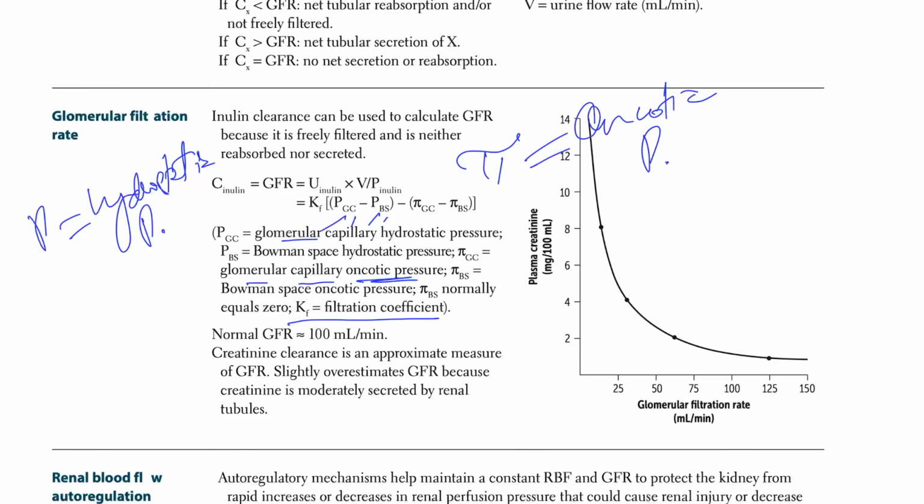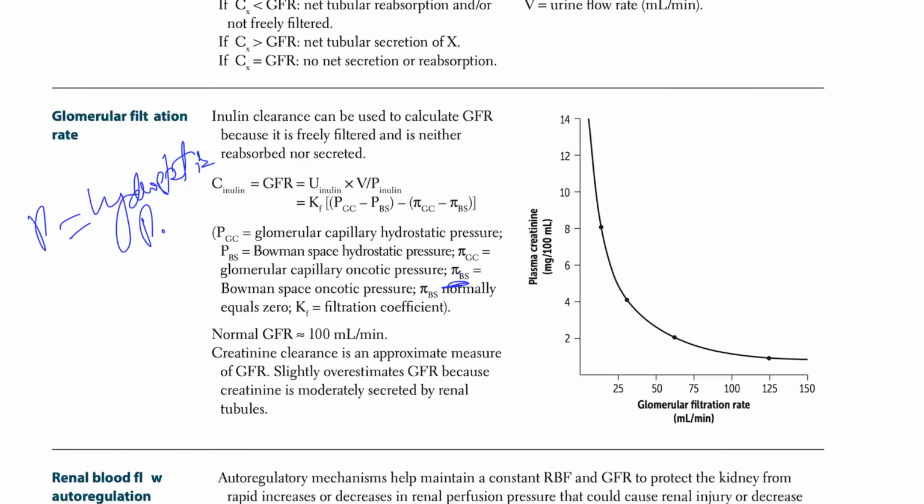So the oncotic pressure for the glomerular capillary and the oncotic pressure of the Bowman's capsule, which normally equals 0. And here, this is the filtration coefficient. So this is just the math.